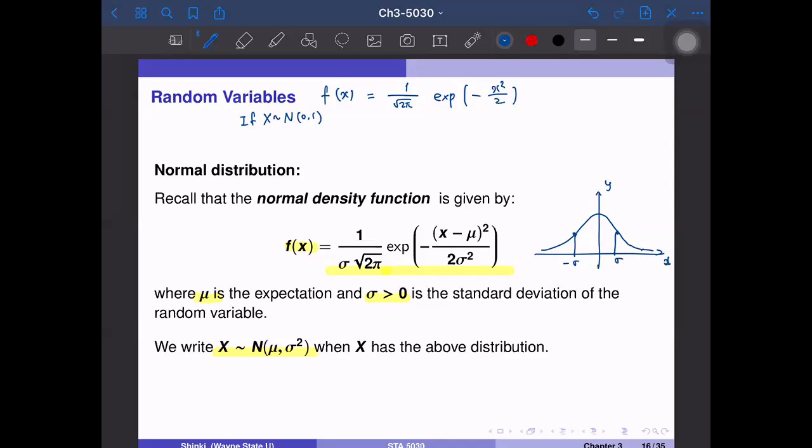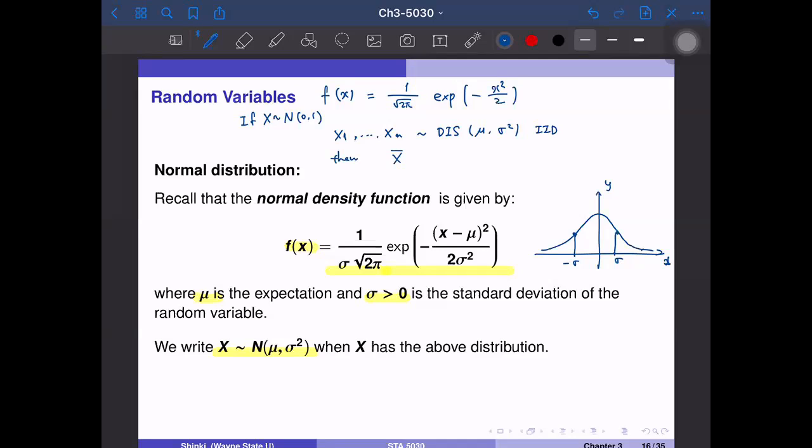And the normal distribution is important because remember that when X1 to Xn are from a distribution with mean mu and standard deviation sigma, and we don't know what the distribution of Xi is, but if they are IID, then X bar approaches normal.